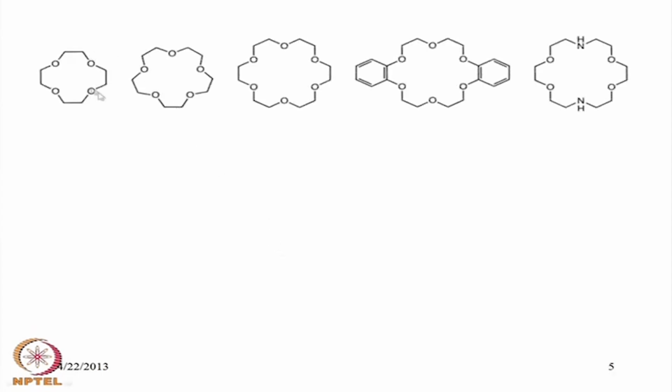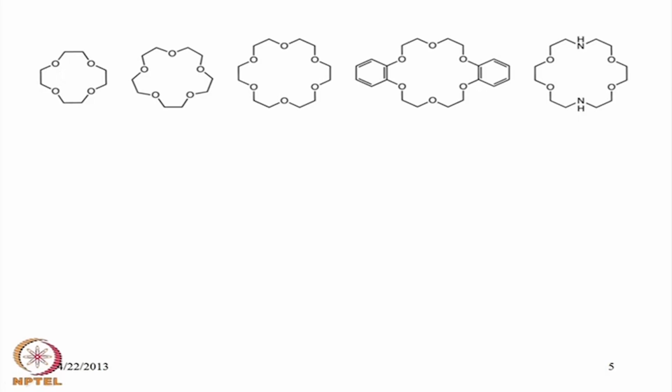Similarly, if we just simply go from nitrogen to oxygen, which is not so strongly coordinating to the metal center, but we can have a very poorly donating ligand system, which is cyclic in nature, like the binding of the ether.